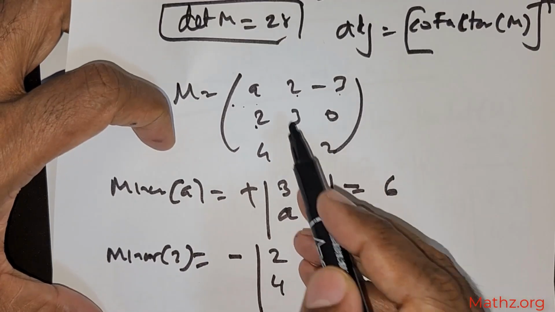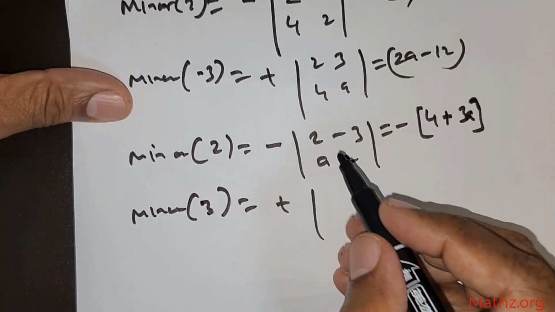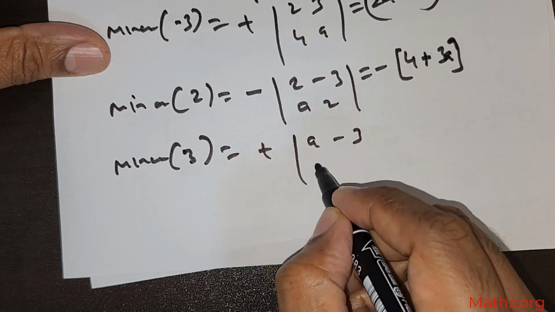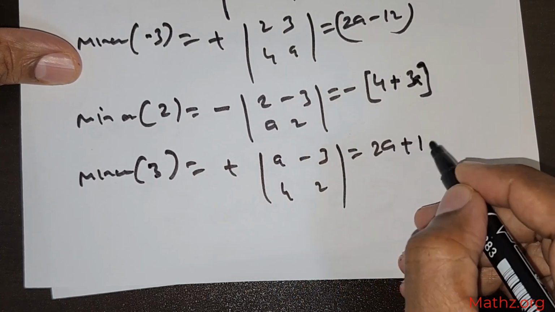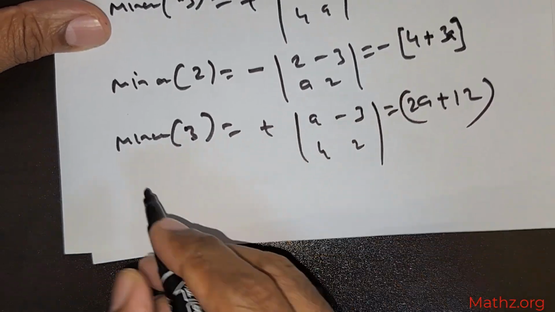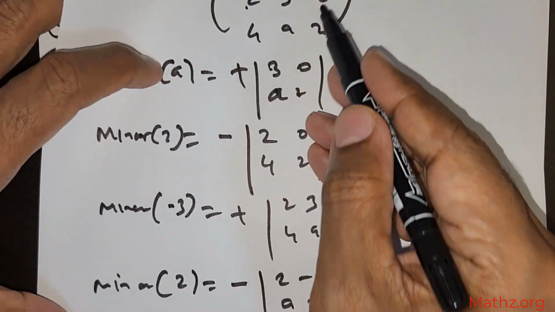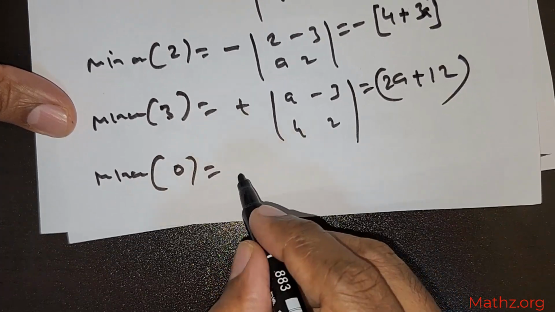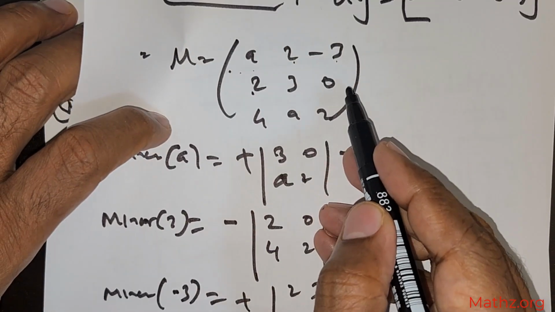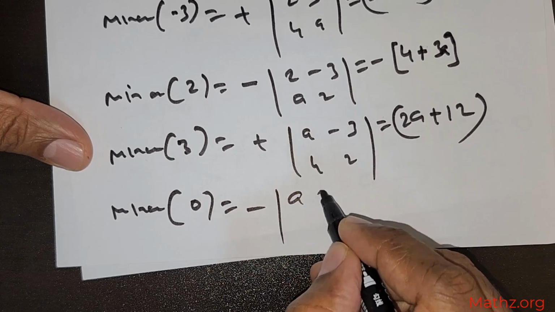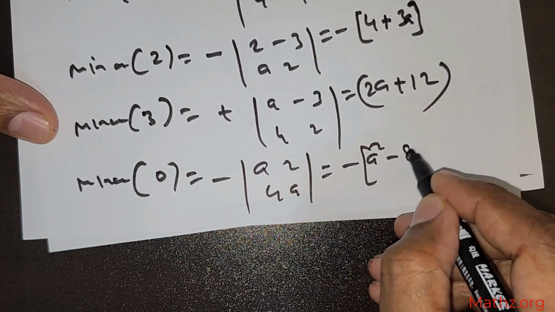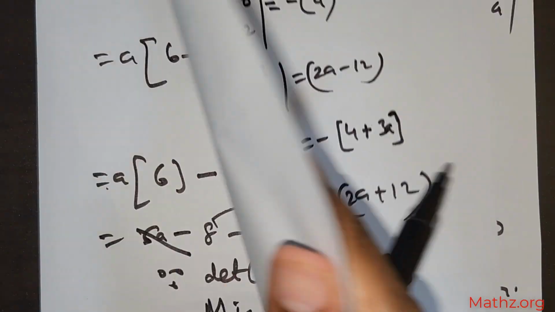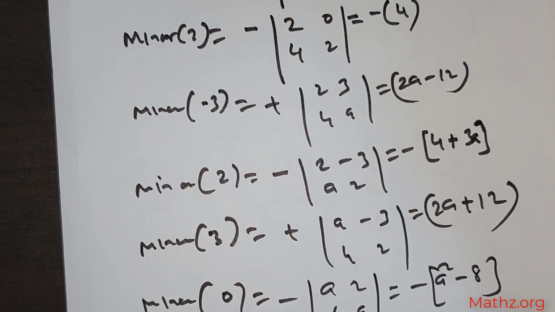Leave the row and the column: A, negative 3, 4 and 2. So 2 times A, negative, positive 12. Now the next is the minor of 0, positive, negative. Leave the row and the column: A, 2, 4, A. That's negative A squared, negative 8. So let me move on to the next side.